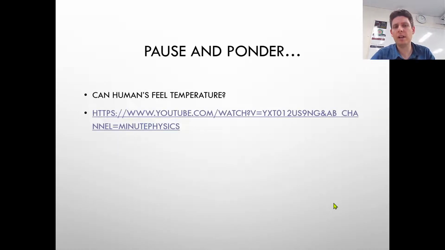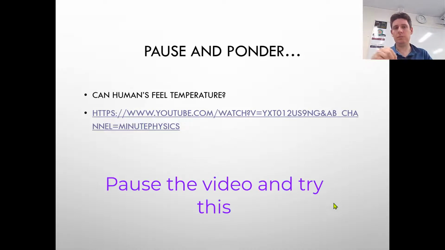Again, let's pause and wonder, can humans feel temperature? If you had a piece of metal and you had a book, and you put them both in the fridge.